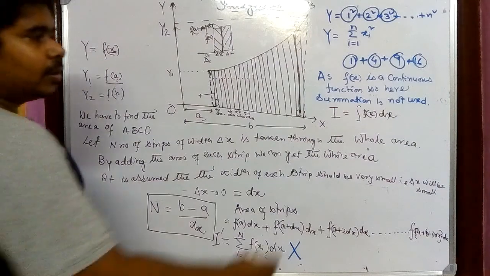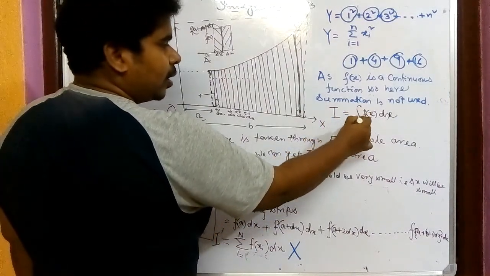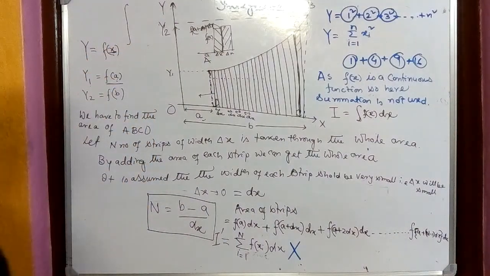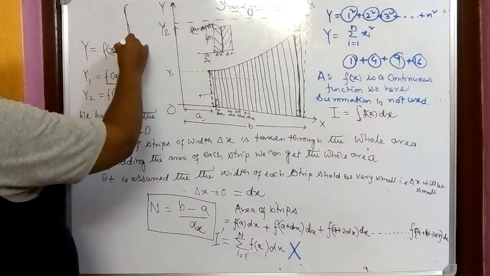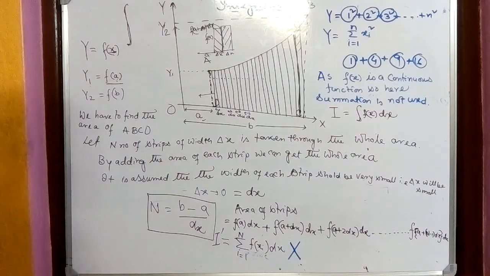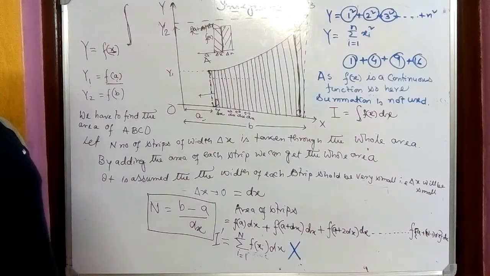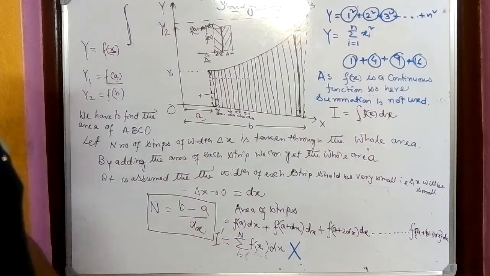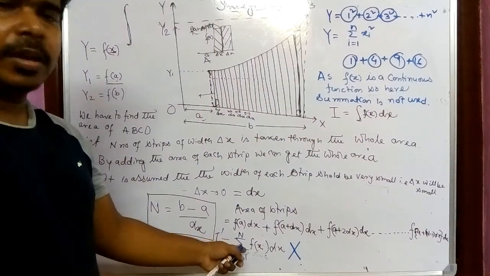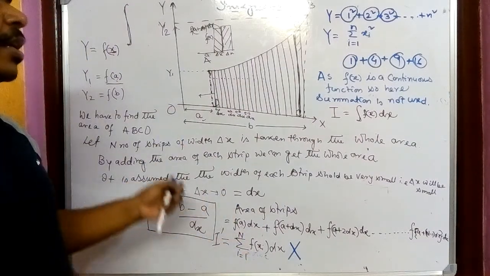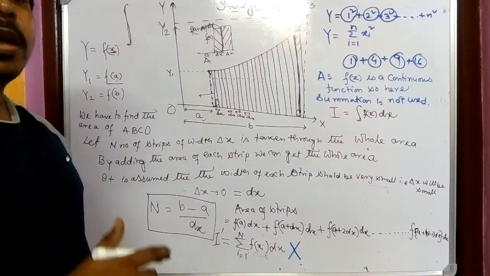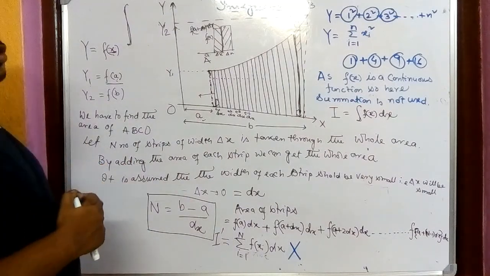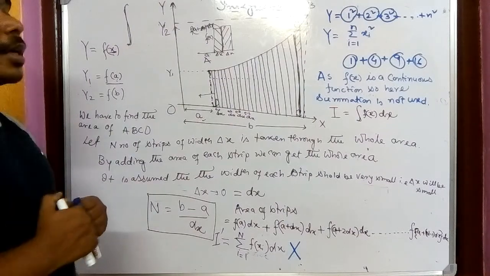Now this sign, you see, seems to be S. It's just looking like S, na? S means what? S means summation. Summation of continuous function. And whenever we have to use the summation sign, it signifies that it is not a continuous function, it is a discontinuous function, or disintegrated function.